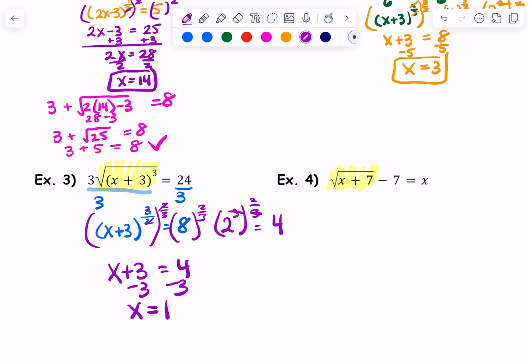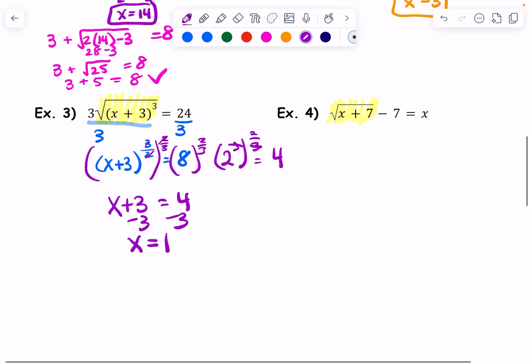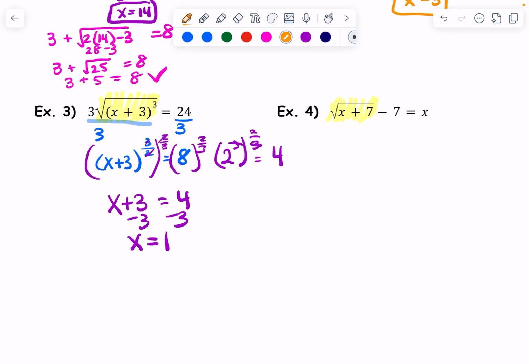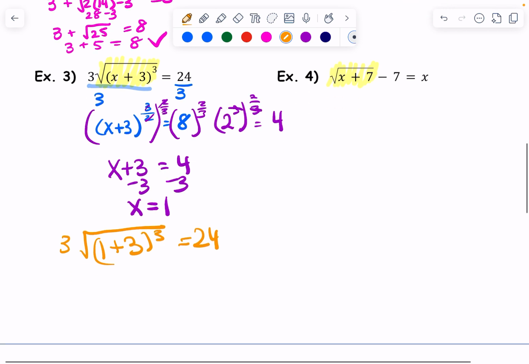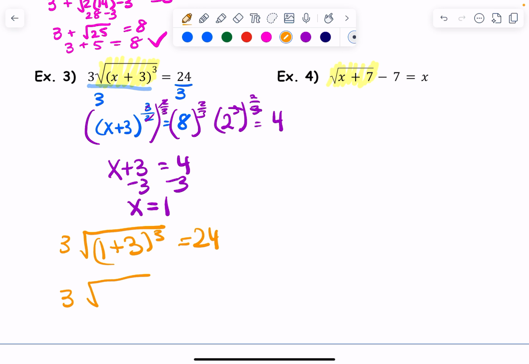And now we have an even index, so we're going to check our answer. So we have 3, and then we're going to put 1 plus 3 cubed equals 24. And so this is 3 times the square root of 4 cubed.